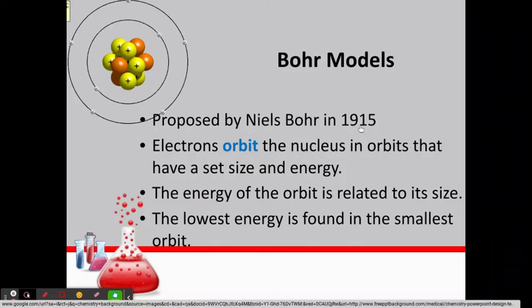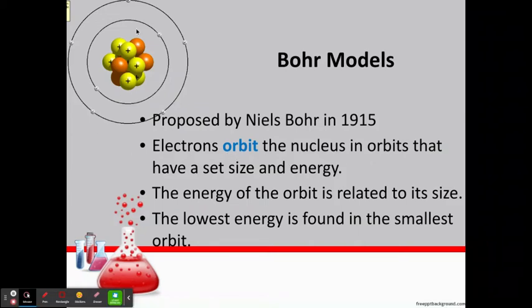Proposed by Niels Bohr in 1915, electrons orbit the nucleus in orbits. We're going to call them orbitals or energy levels. They have a set size and energy. Now, I understand that it's not really like planets around the sun, but it gives us a nice two-dimensional way to represent things.